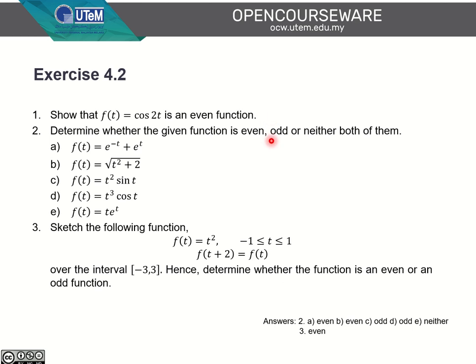For question number 2, you just need to test whether it obeys the first property, f(-t) equals f(t) or f(-t) equals -f(t). If the function doesn't have the properties of an odd function or an even function, we're going to call the function a neither odd nor even function.